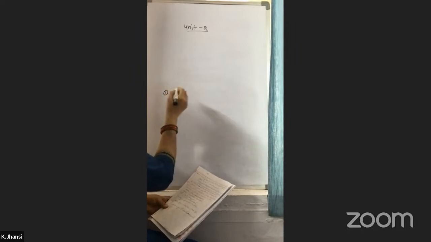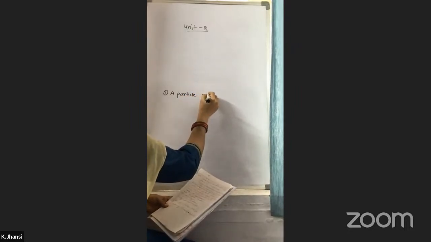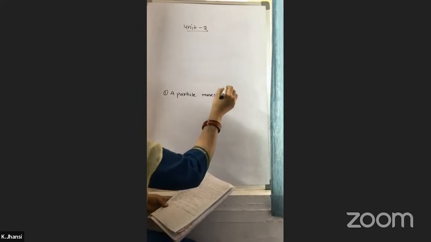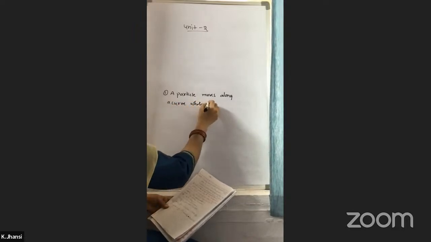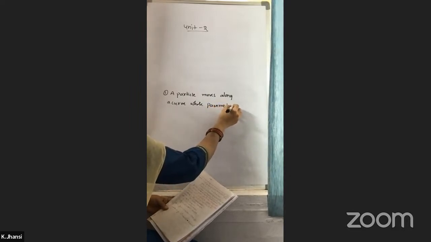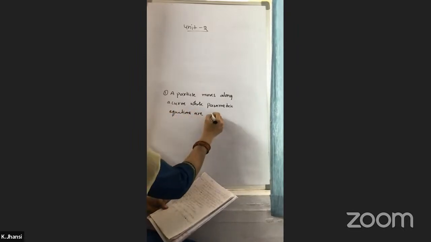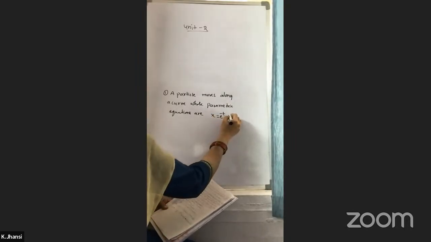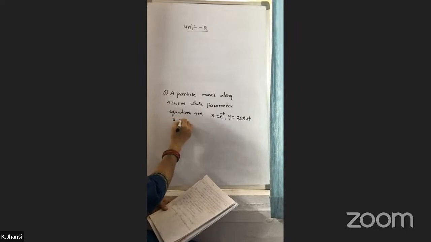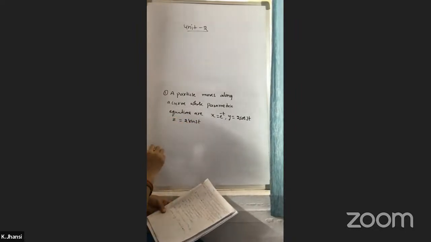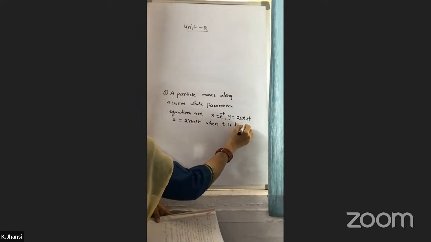So one question is: a particle moves along the curve whose parametric equations are x is equals to e to the power of minus t, y is equals to 2 cos 3t, and z is equals to 2 sin 3t, where t is the time.